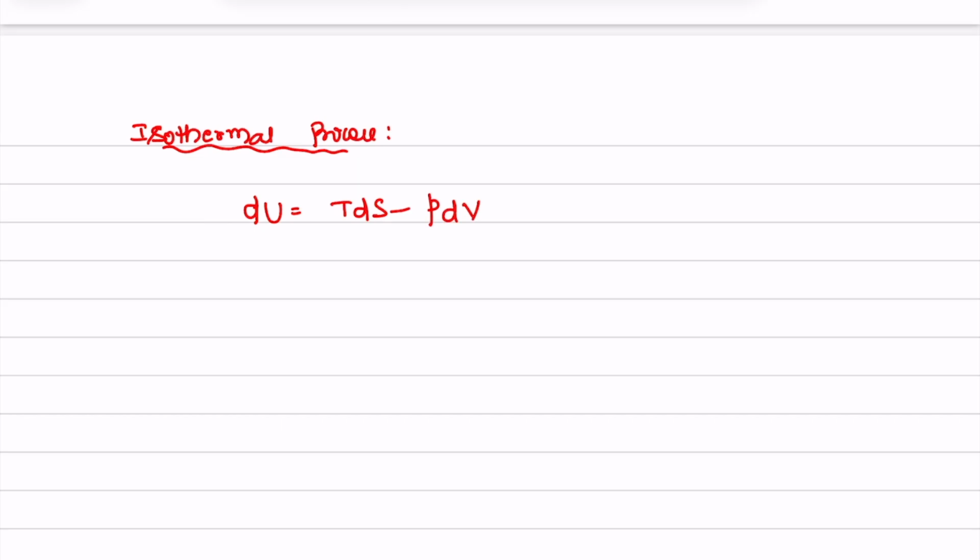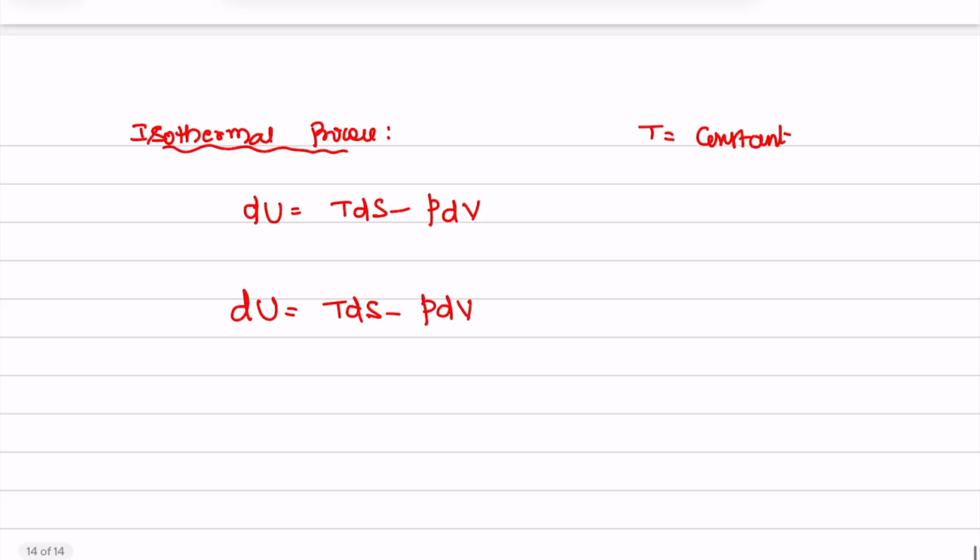Here I am not taking mass transfer, I have neglected it. Now, isothermal means T is equal to constant. dU is equal to TdS minus PdV.